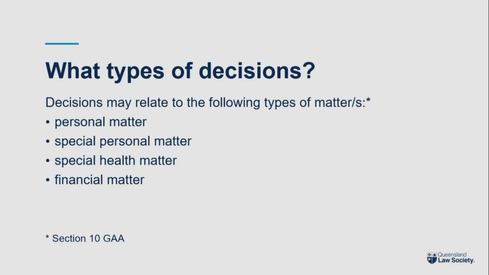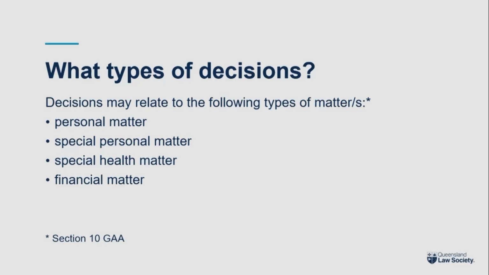So when you talk about making decisions, what are some of the types of decisions that we might be considering here? Well, in guardianship, the decisions are fairly specified. So there's personal matters, that's lifestyle choices, where you live, what service providers you might have, who you want to have contact with. The special personal matters, which are less frequent, involve things around marriage, voting, making a will, and they're outside the scope of the tribunal.